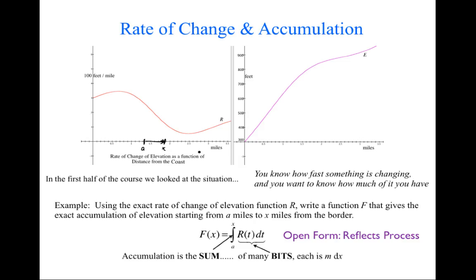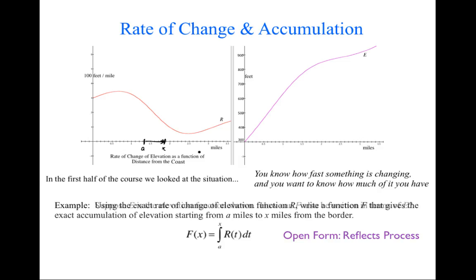Each bit is calculated by a constant rate of change, m dx. So we're summing up many bits of change, each one a little constant rate times a little change in x. We worked hard on that for a month to come up with this compact notation that reflected all those important ideas. Super important.